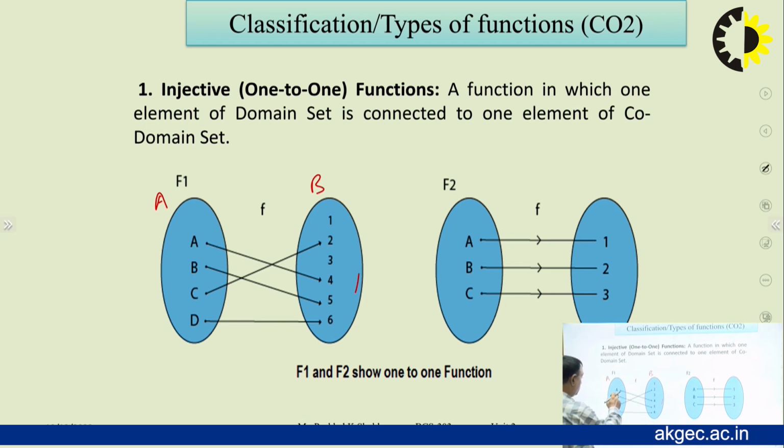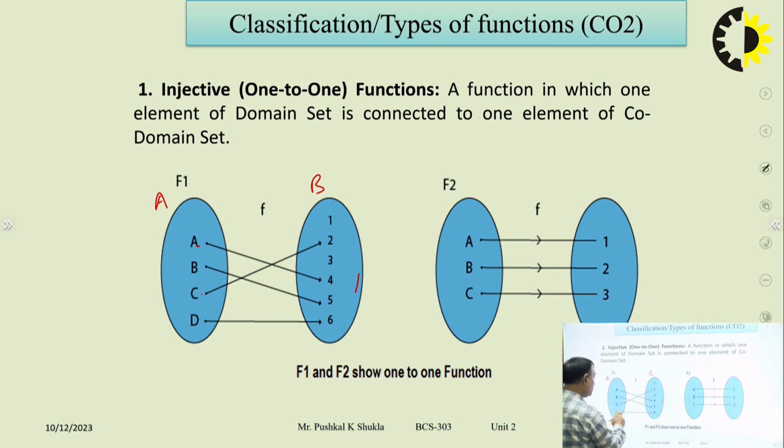One element of set A is related with one element of set B. So A is related with 4, B is related with 5, C is related with 2, and D is related as well. So we can say it is a one-one function, or injective function.